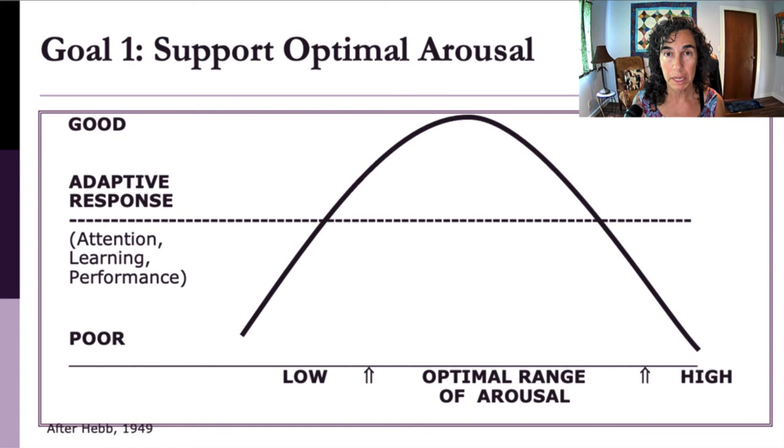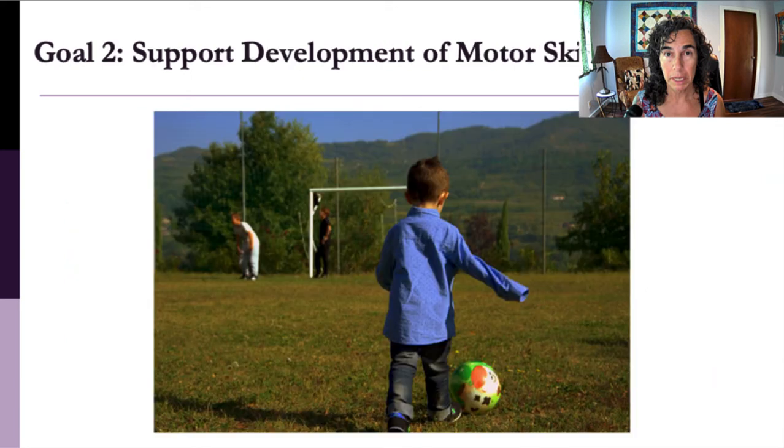What is an adaptive response? It's the ability to engage in attention or paying attention, learning, and performing. And performance, again, is not just physical performance, but any kind of performance. Tending to the environment, social interaction, motor skills, all of that. So that's goal 1. Goal 2, support the development of motor skill.